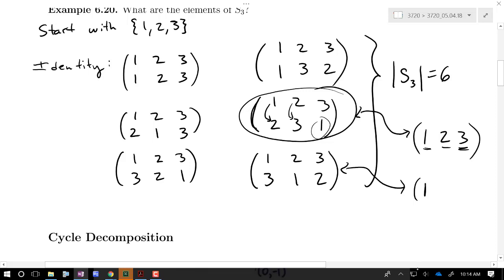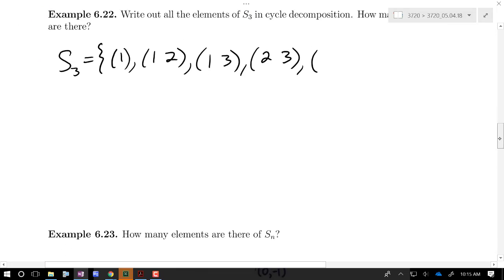So let's start with 1, right? If a cycle contains 1, usually we start with that element. So where does it send 1? To 2. And where does it send 2? To 3. And where does it send 3? Back to 1. So that's when we close. So those are our last 2 elements.